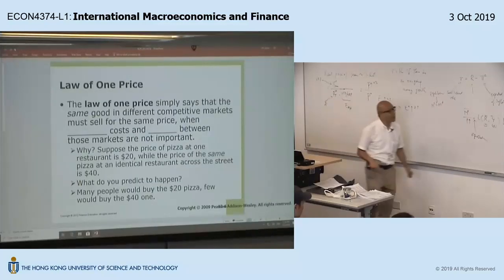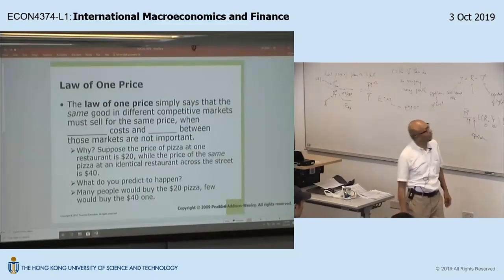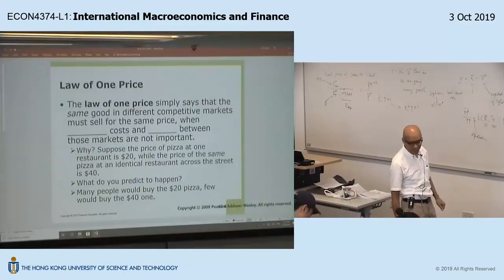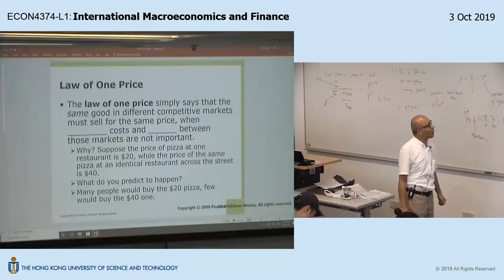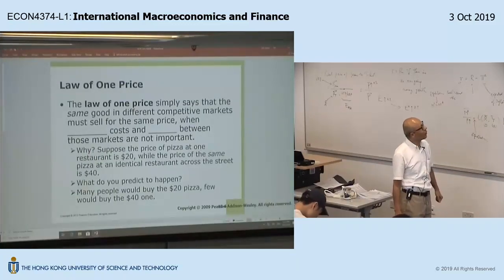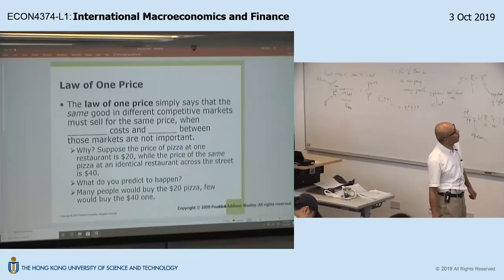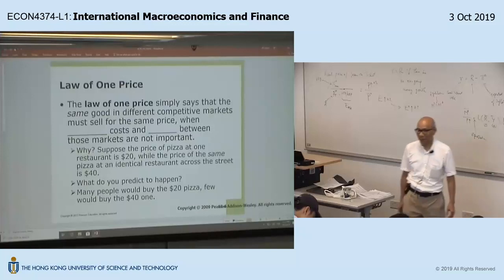Let's try to have some interesting quiz here. Two blanks for you to fill in. The law of one price simply says that the same good in different competitive markets must sell for the same price when what cost and what between those markets are not important?